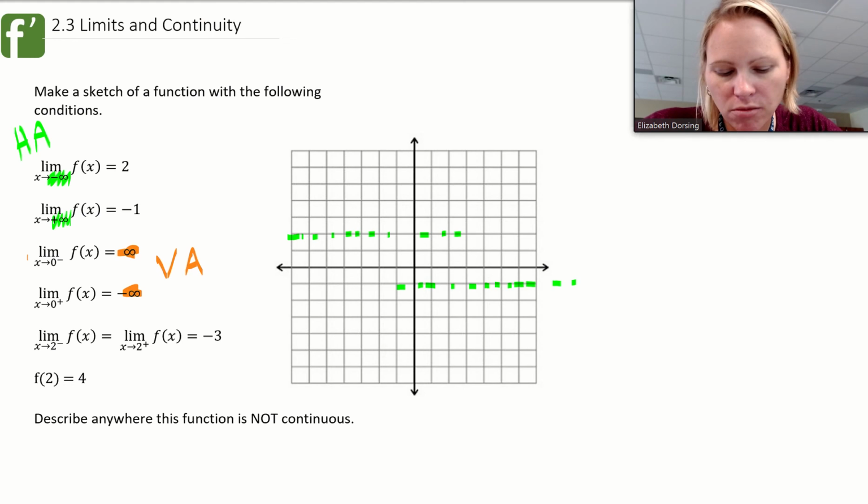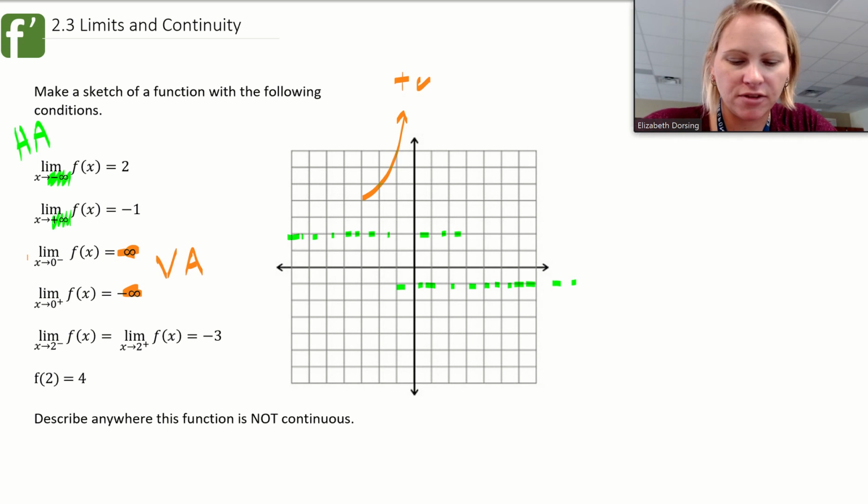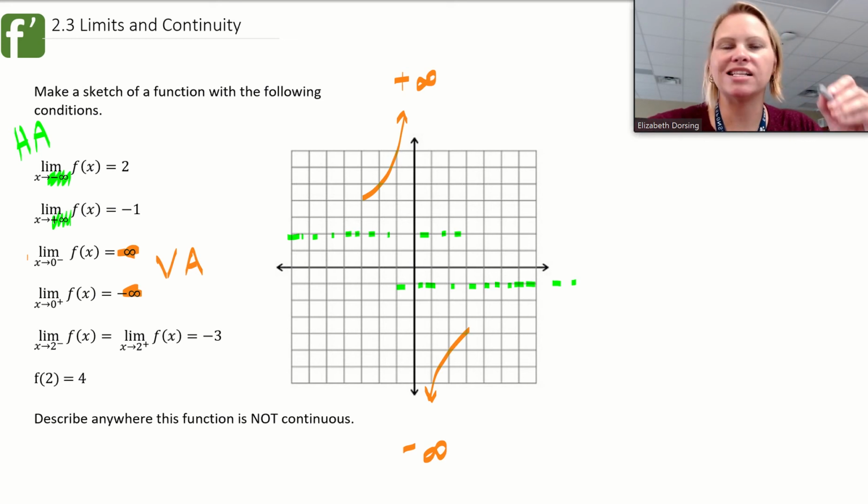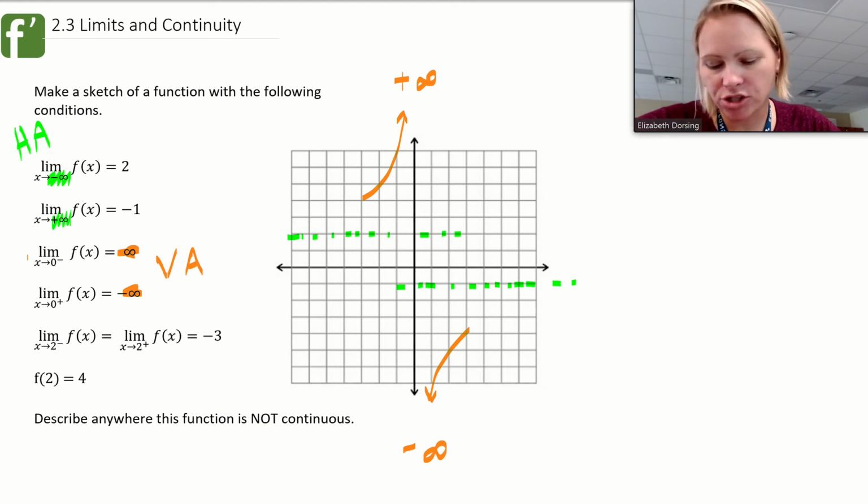Coming from the left, approaching 0, that means my graph needs to go up towards positive infinity. And approaching 0 from the right, I need to go down towards negative infinity. So right now I don't even have a graph, but I'm making little notes, and maybe you should do this lightly with your pencil. Your graph needs to go in this direction.